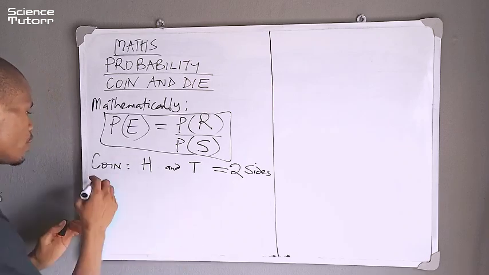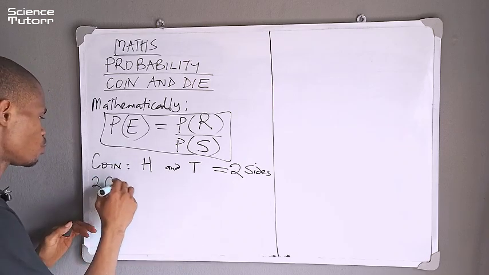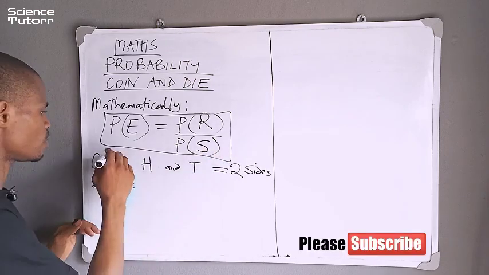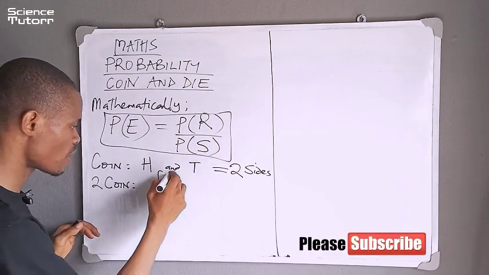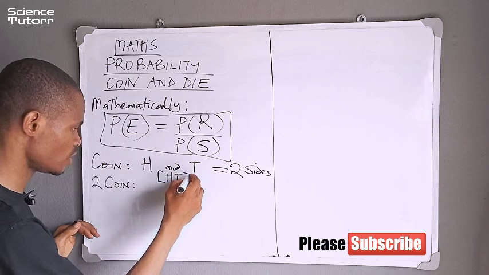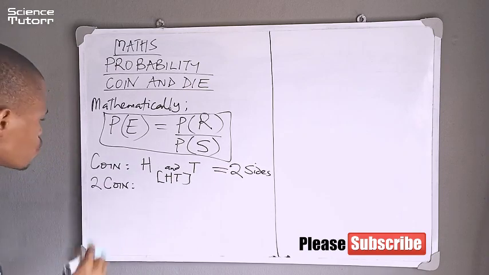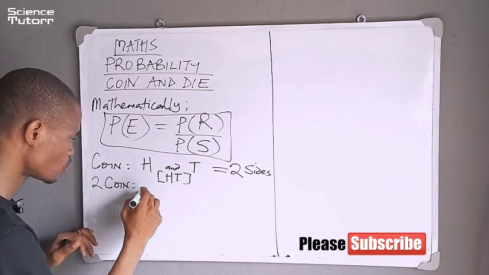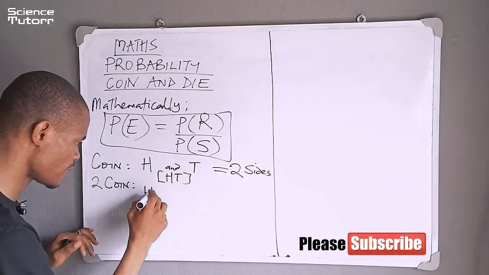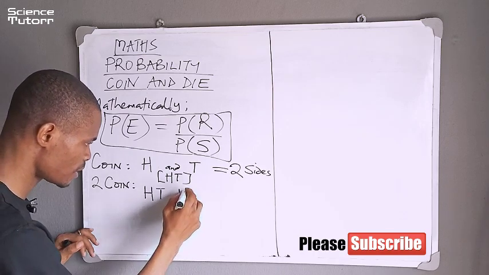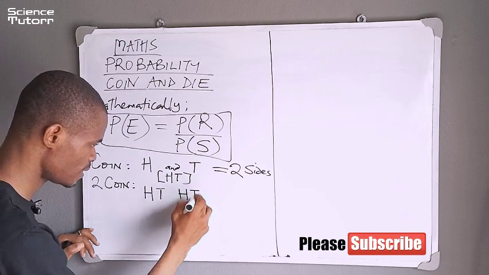Now for two coins. Remember, head and tail, it simply means we have it in this form, HT, one head and one tail. Now for two coins, one coin is having a head and a tail. The second coin will also have a head and a tail.